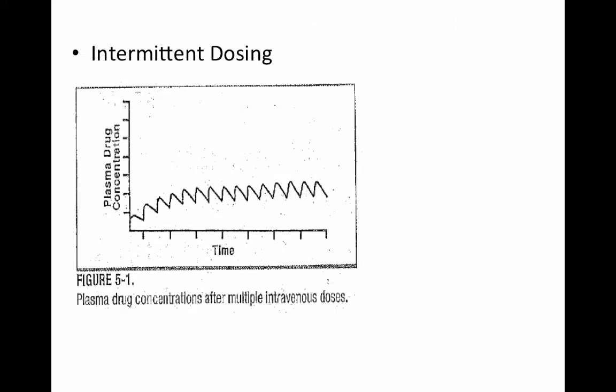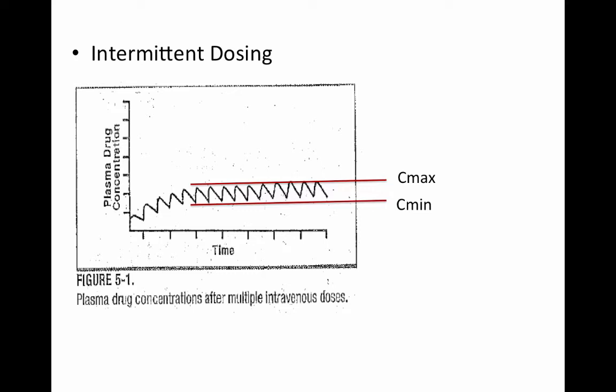All right, with this dosing option, we do have some time that it takes to get to steady state, so about 4 to 5, typically 5 half-lives to get to steady state. But then once we get to steady state, you can see that with intermittent dosing, we do have a true Cmax and Cmin, so maximum concentration and minimum concentration, because there will be some fluctuations in that concentration as the dose wears off.